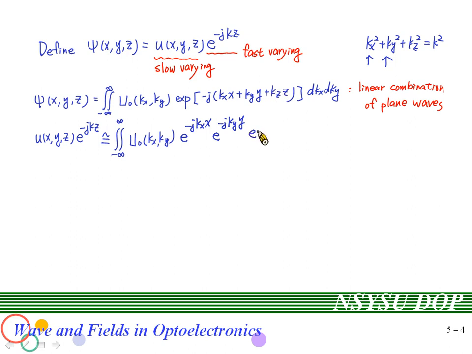It will become exponential minus jk times exponential positive j times (kx squared plus ky squared) over 2k times z. Okay, and dkx and dky.